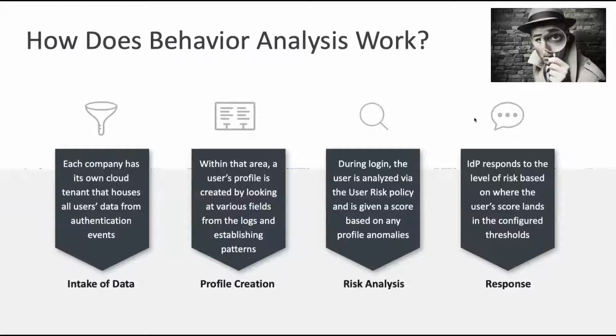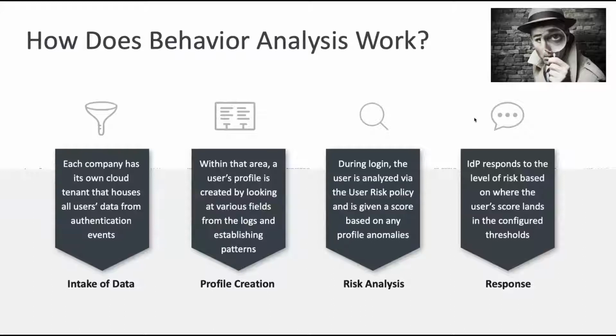Examples could be, John typically logs in from 7 to 9 a.m. every weekday, logs out between 4 and 6 p.m. His location 95% of the time is a home office in Columbus, Ohio, and he rarely logs in over weekends. So the next step is risk analysis.